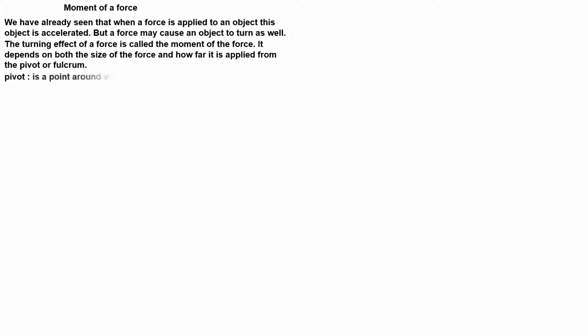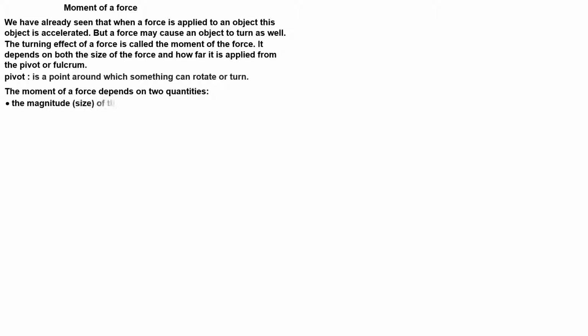Pivot is a point around which something can rotate or turn. The moment of a force depends on two quantities: the magnitude, or size, of the force, and the perpendicular distance of the force from the pivot. Pay attention.